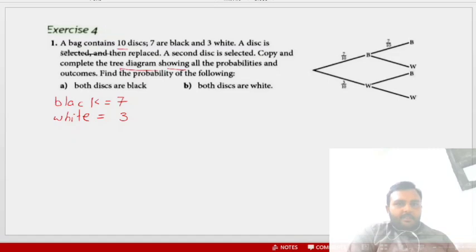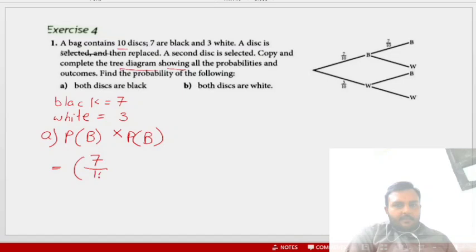Let's start. Here the A part is both discs are black. For the A part, we first need to find the probability for both. The probability for the first is 7/10, and then multiplied by the other, it must also be 7/10.